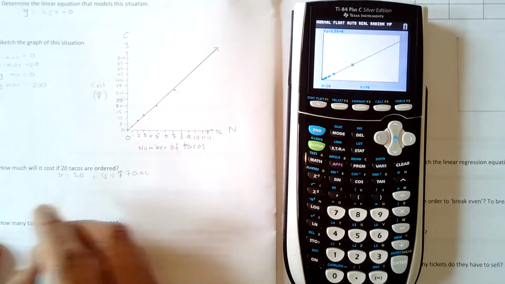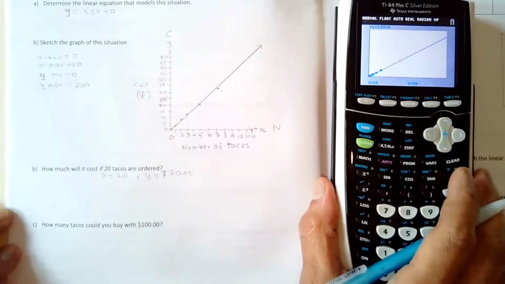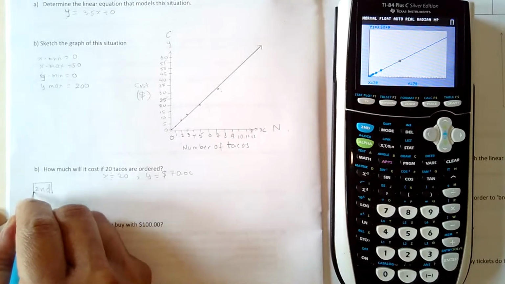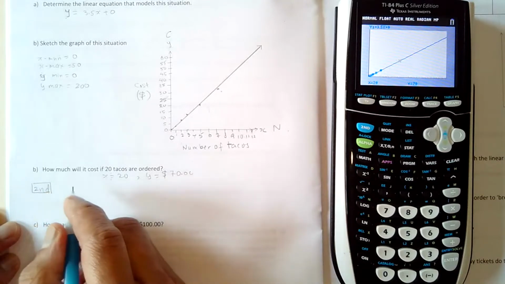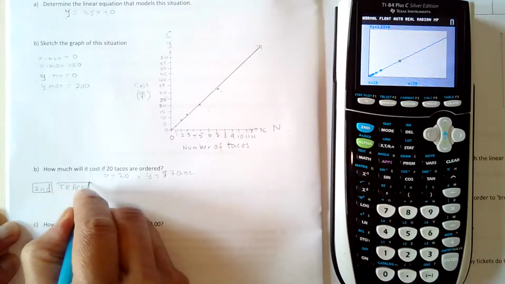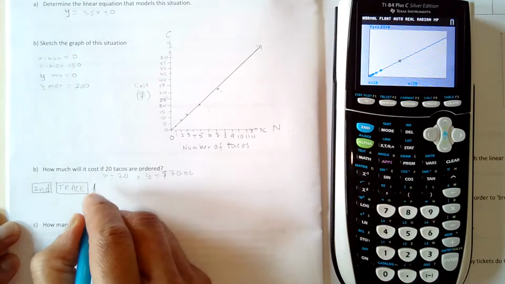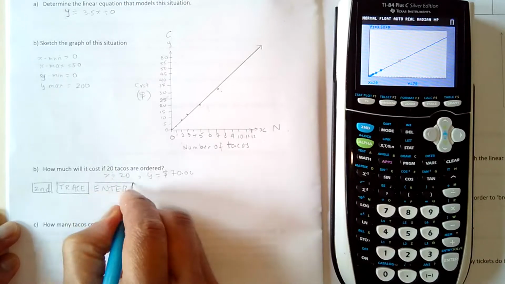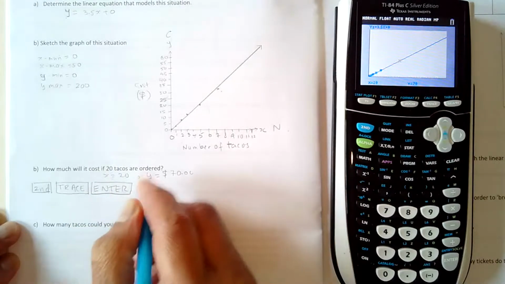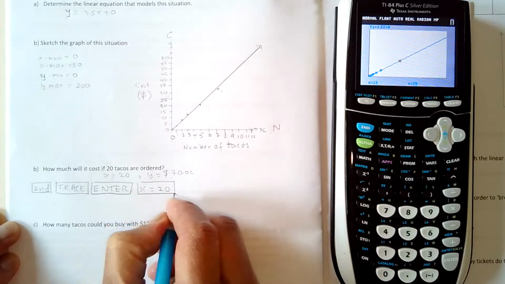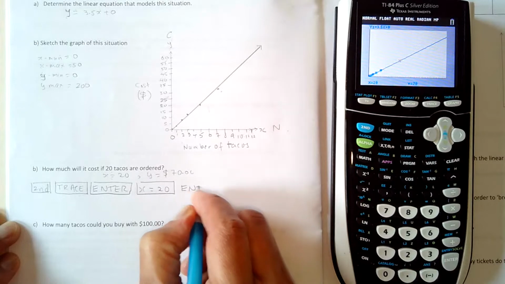So the instructions are, you press your second button. Once you have an equation in your calculator, then you press your trace button, then enter, because you want 1. Then you put x is equal to 20 and you press enter.